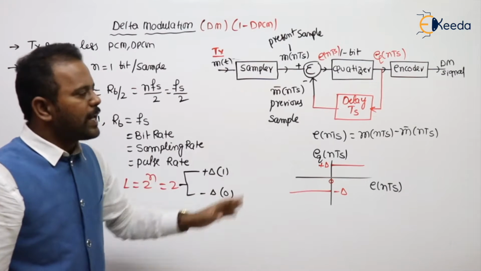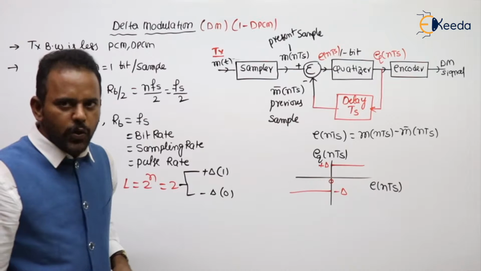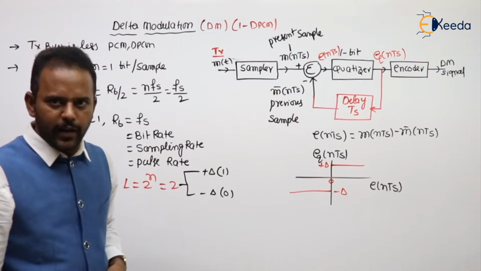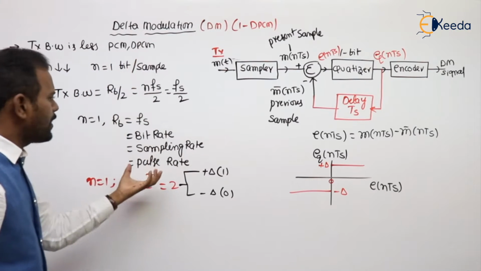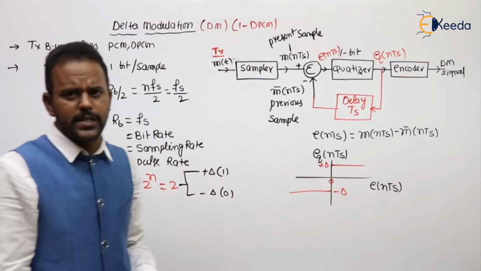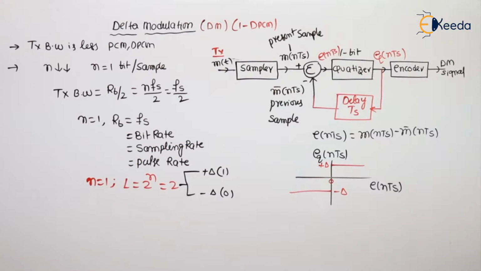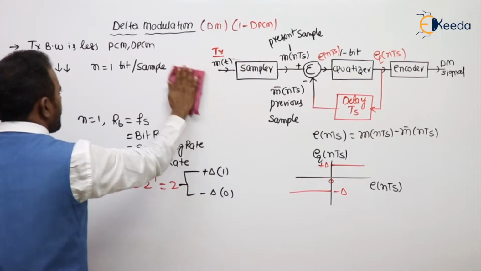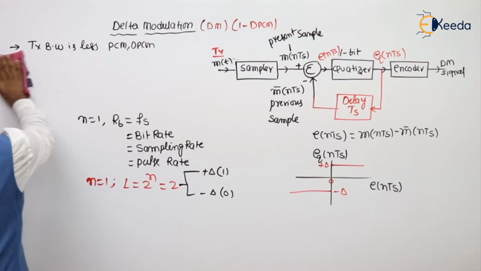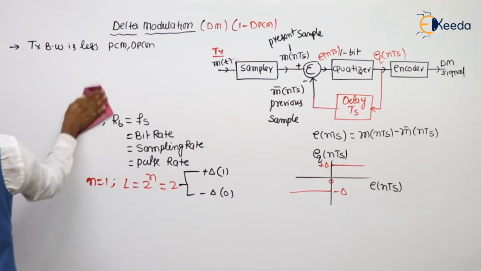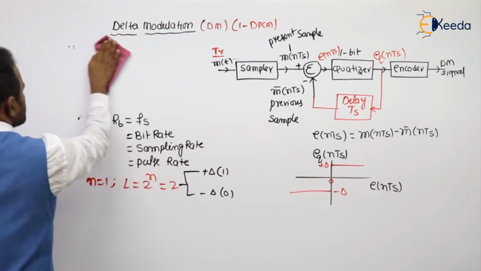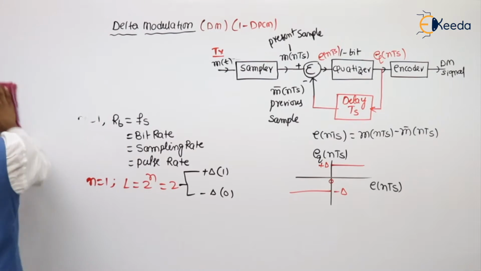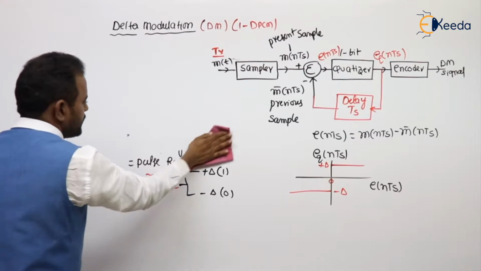Now I will take you through an example. I will show you how this is going on. I will take one practical message and show how the process of delta modulation works.